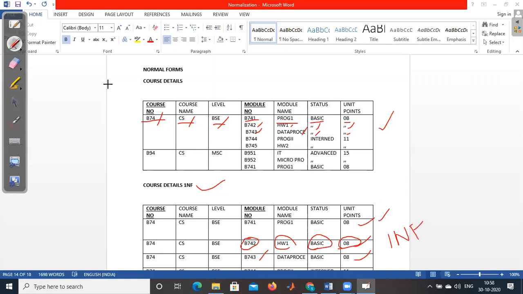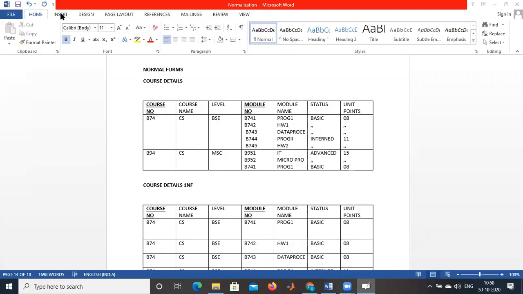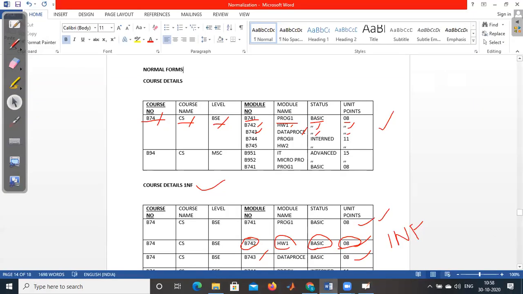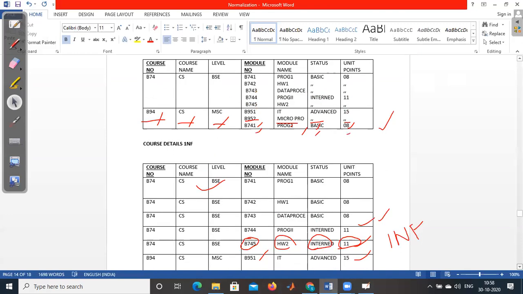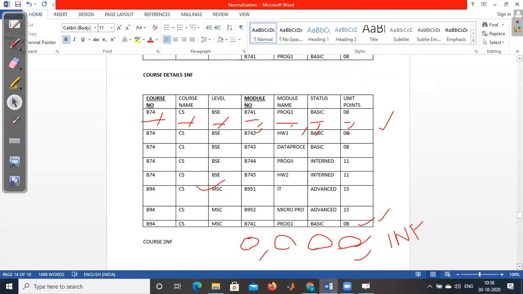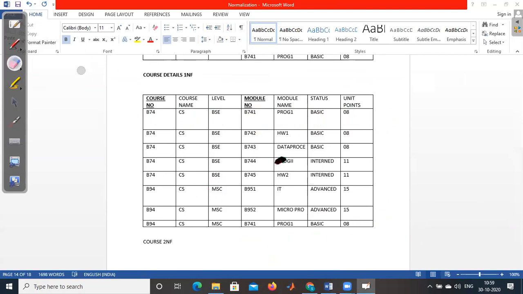Okay, students. Now this table is in first normal form.